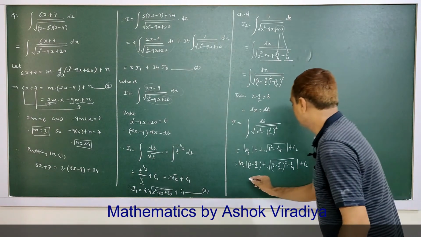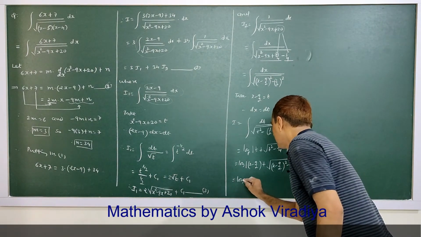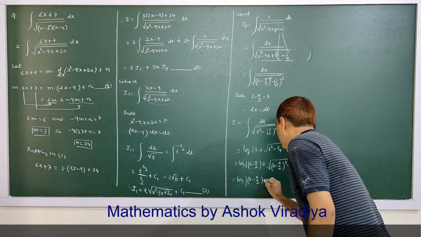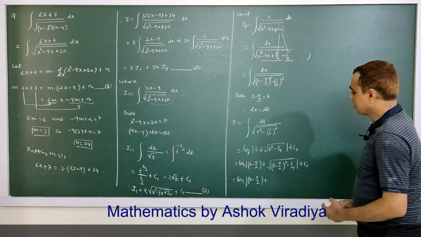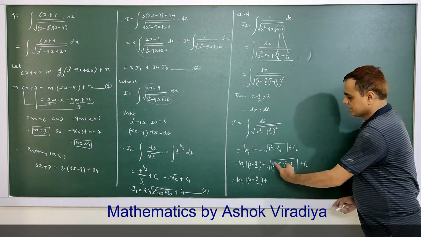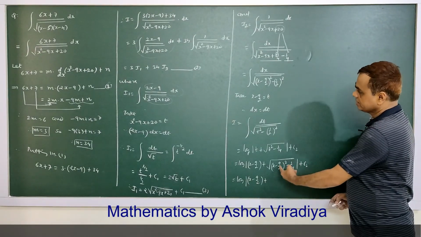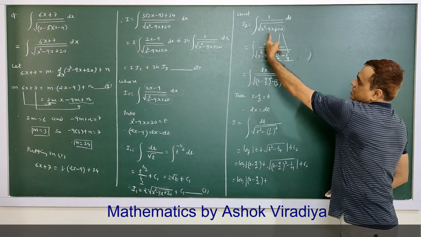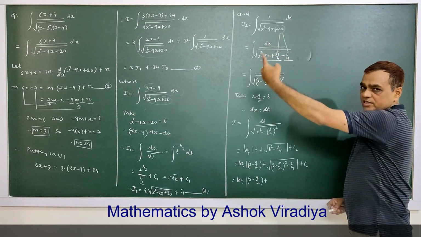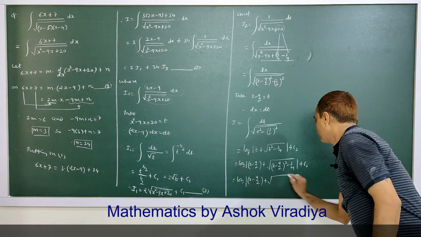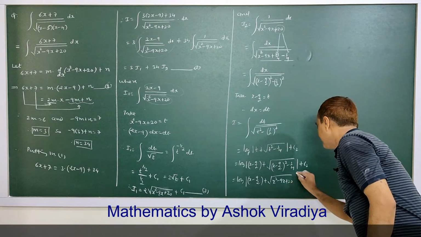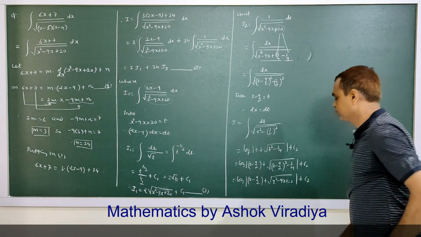This is equal to log mod x minus 9 by 2 plus, now see, the simple form of this expression is x square minus 9x plus 20. So square root of x square minus 9x plus 20, plus c2.